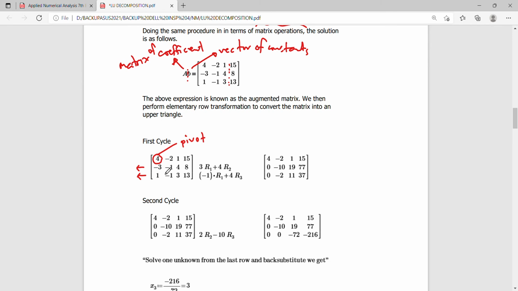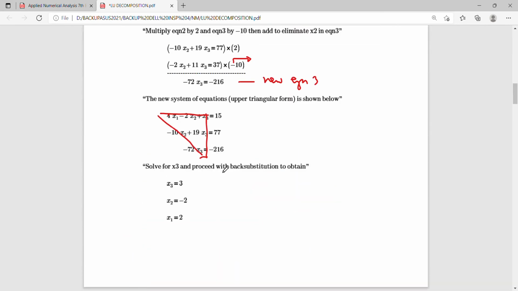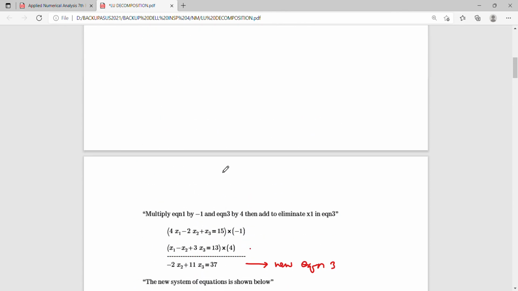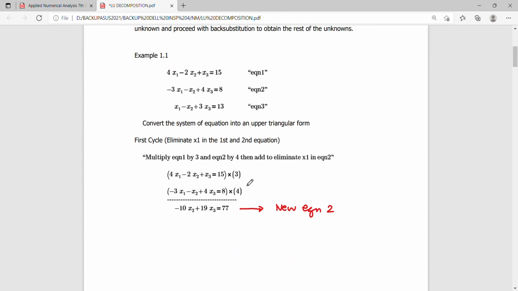So this is now row 2, the one that is in question here. For a systematic procedure, we did exactly the same as what we have done here. We simply multiplied 4 times row 2, and then add it to 3 times row 1. So this is, again, the pivot row.